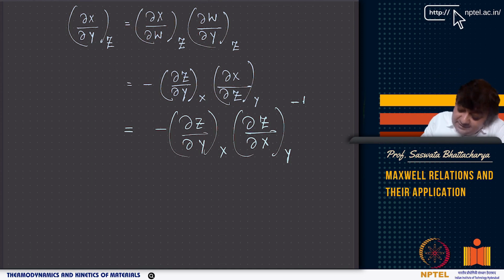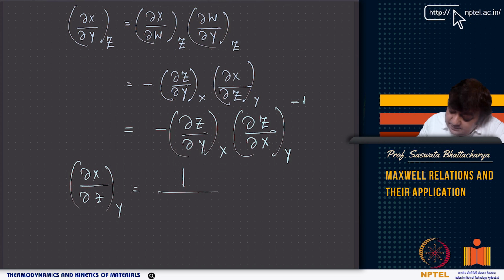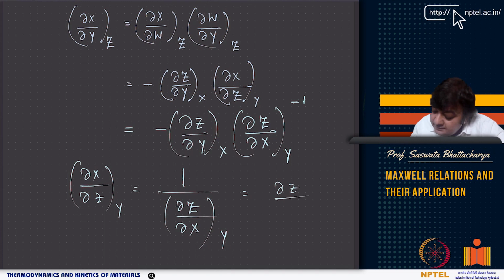Basically what we are saying is (∂x/∂z) at constant y is nothing but 1 by (∂z/∂x) at constant y.